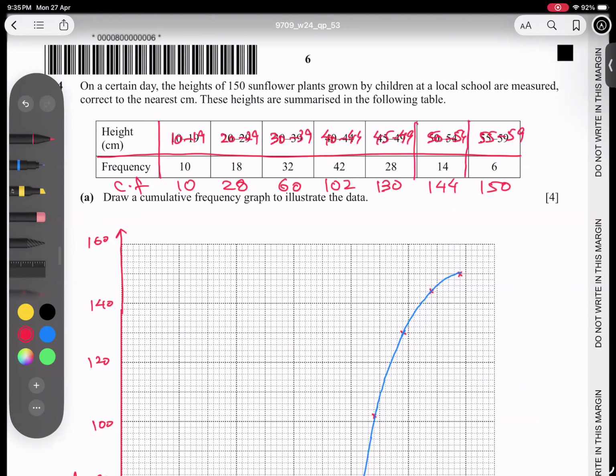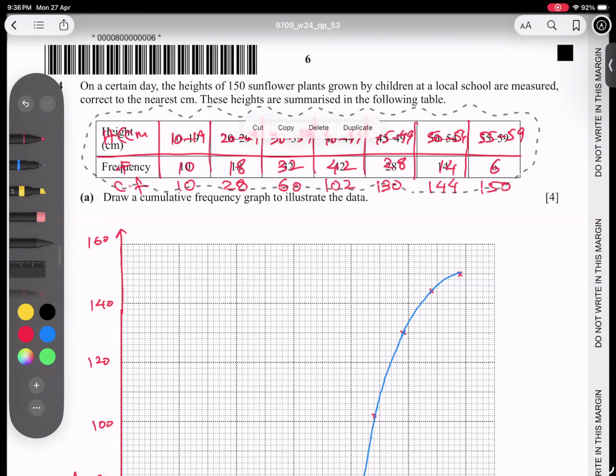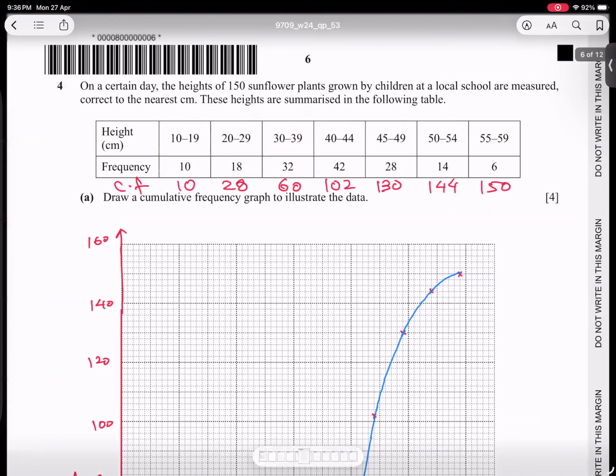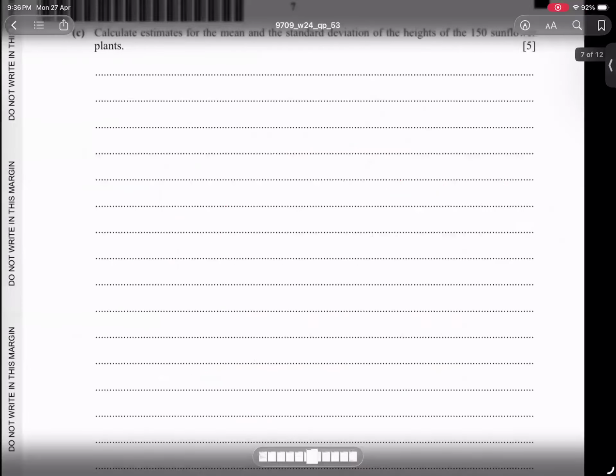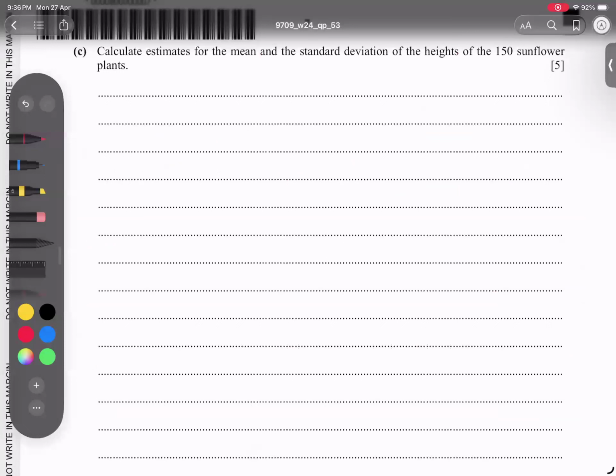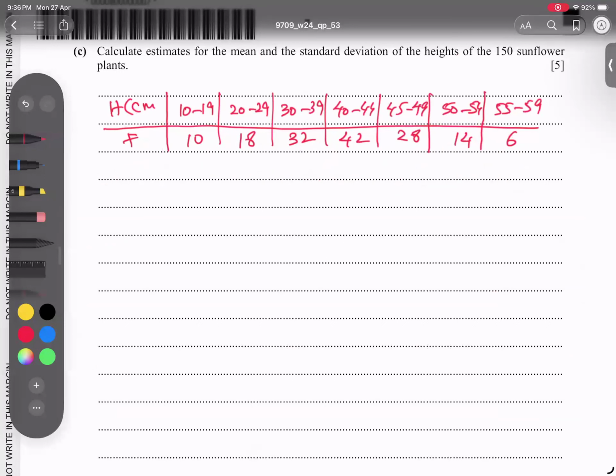The frequencies are 6, 14, 28, 42, 32, 18, and 10. Here frequency, here height. I am taking this one, cut from here, and paste here. I think this is clear, students.